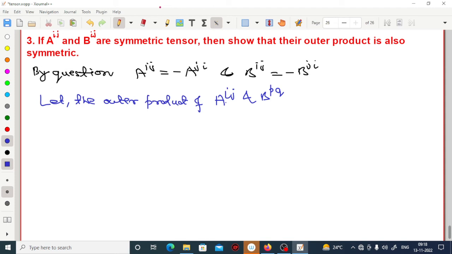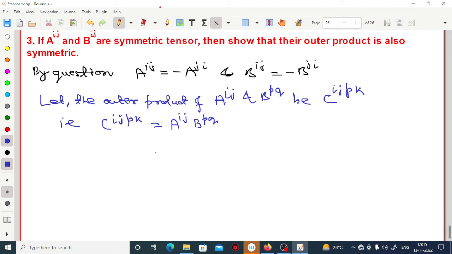Let the outer product of Aij and BPQ be Cij PQ. Okay, that is I want to say that Cij PQ is equal to Aij applied to BPQ. So this is very fundamental that I try to get over here.